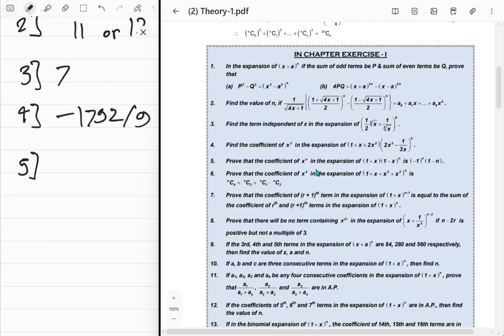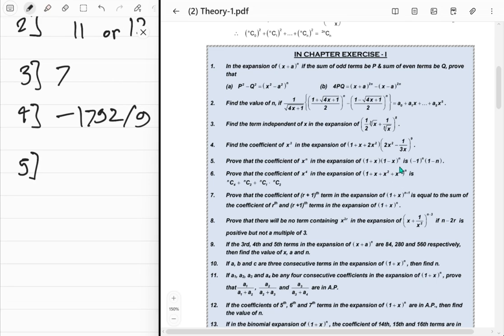Prove that the coefficient of x power n in the expansion of this thing is negative 1 power n, into 1 plus x. Okay, fine. So x power n, right? This is going to be an n degree. Okay, so I got it.